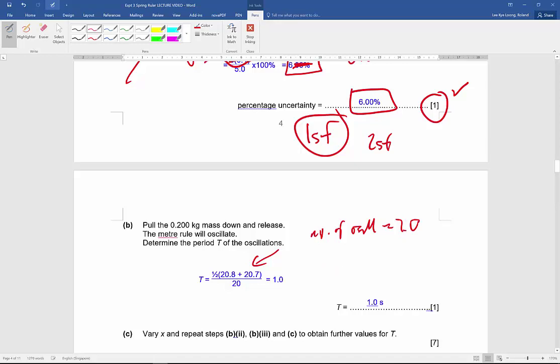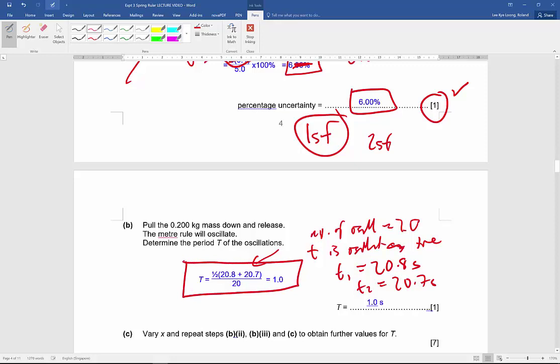Okay, and you must write down the oscillation time. If t is the oscillation time, t1 equals to 20.8 seconds, t2 equals to 20.7 seconds. So all these must be listed down, because every reading that you take, it must be recorded. When we give you the mark, we have to see the process as well. So only with this, then you write down the equation and the calculation.